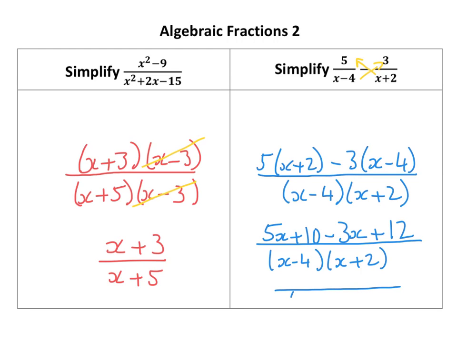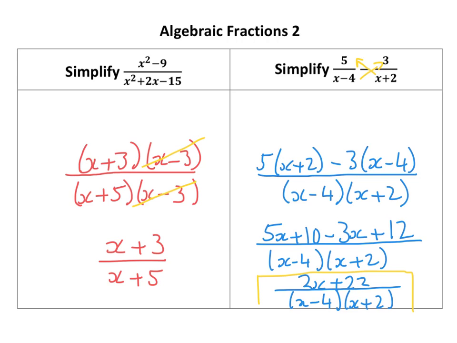I'm running out of space. I started too low initially, didn't I? What a fool. Where are we? Now we've got 5x's minus 3x's, which is 2x's, plus 22, and there is our answer.